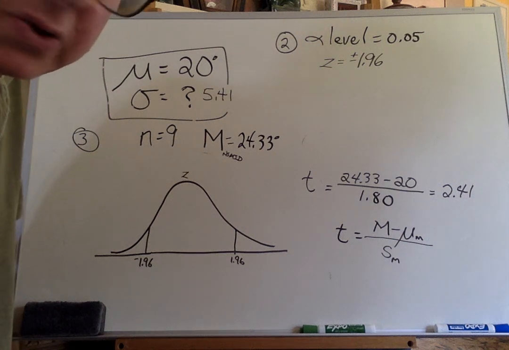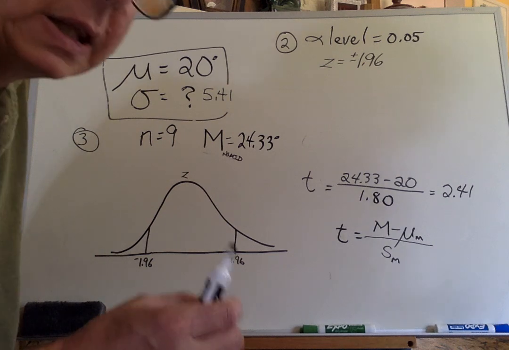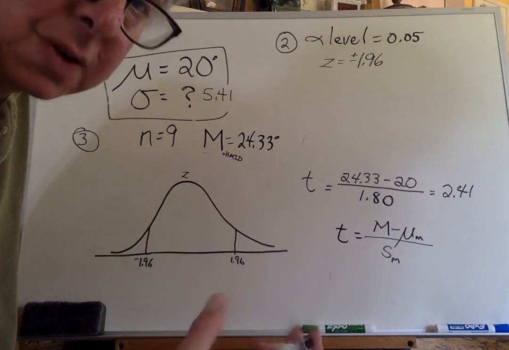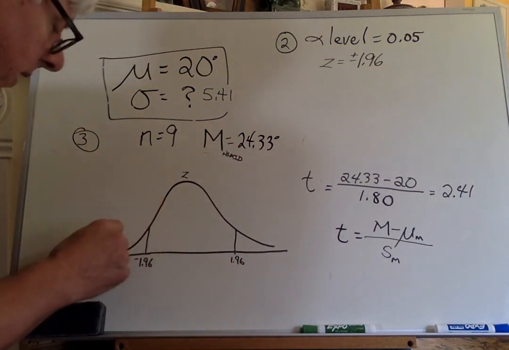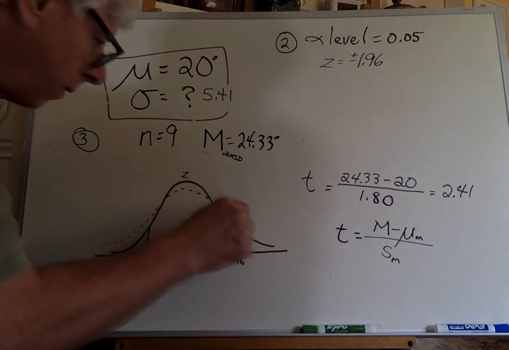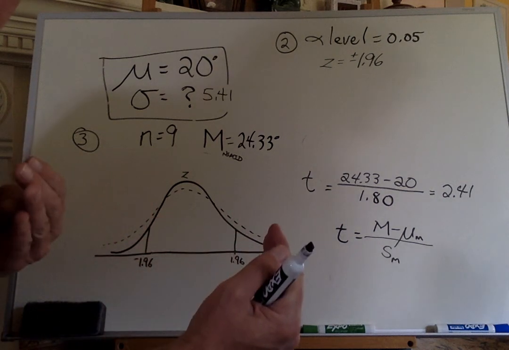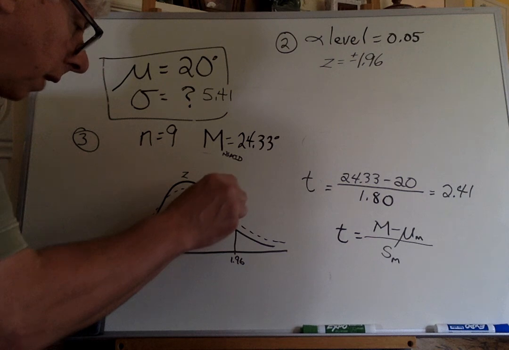With a t distribution, the t distribution tends to be a little bit more variable because we're making a guess for sigma instead of having that value. And so relative to the z, the t ends up being a little bit more flattened out, right? If it's more variable, it's more spread out. So this would be the t distribution, okay?